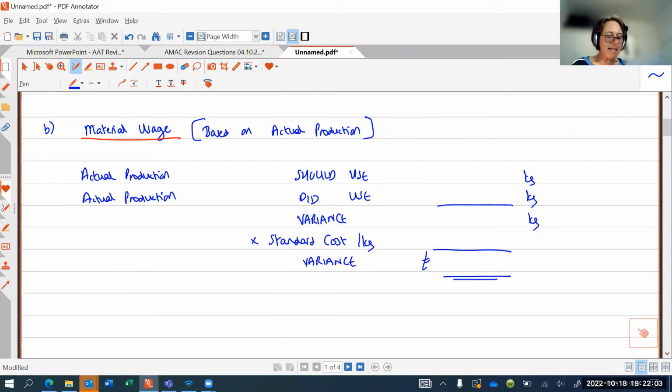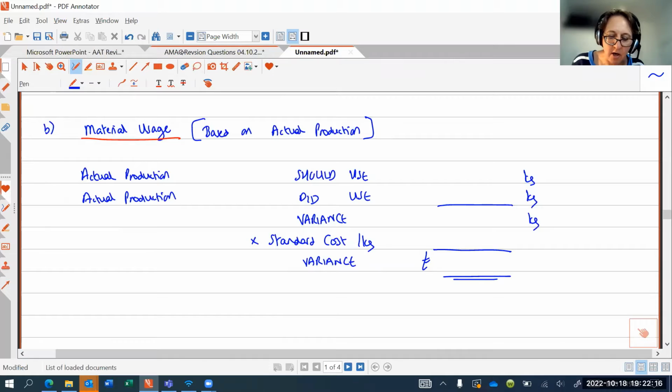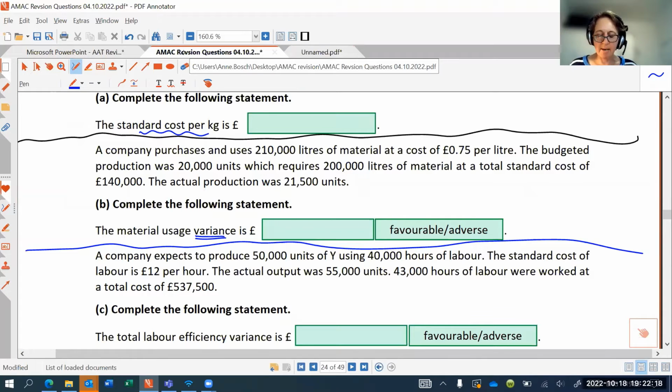So I do ideally like to start by working out the should information, like maybe from a standard cost card. I like to know the information for 1 unit. So let's just read through and see what we've actually got and if we can understand what's happening here. So a company purchases and uses 210,000 litres of material at a cost of 75 pence per litre.